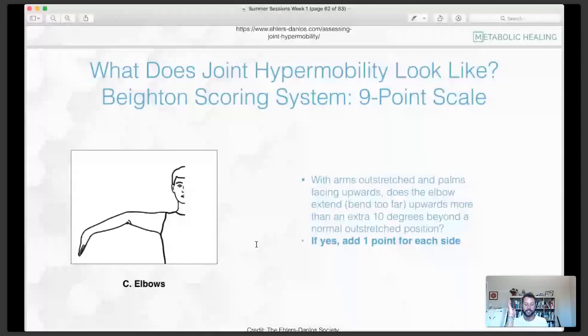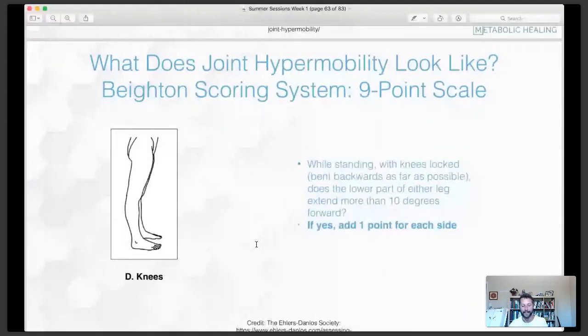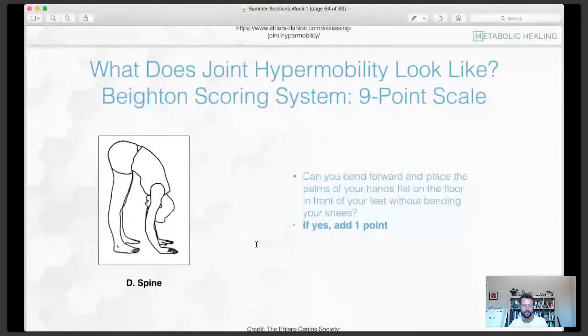And then if the knee is standing straight, if the knees hyperextend, that's 1 for each leg. And then last but not least, I don't know if this one is as effective because most people, through let's say yoga, can develop very flexible hamstrings. But if they can do it, palms to the floor with legs straight, knees straight, then it's 1 point. So that's the Beighton scale 9-point scoring system to evaluate hypermobility.